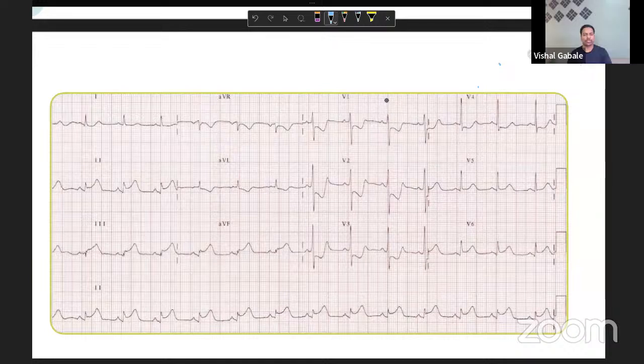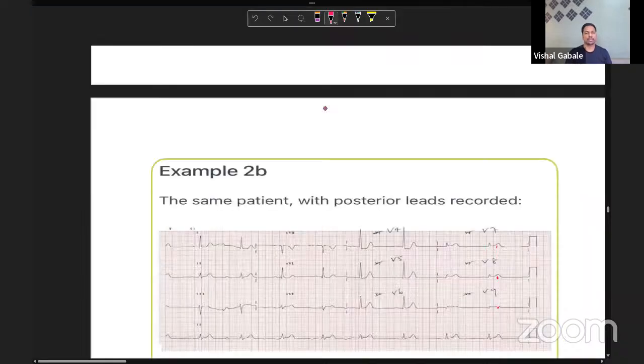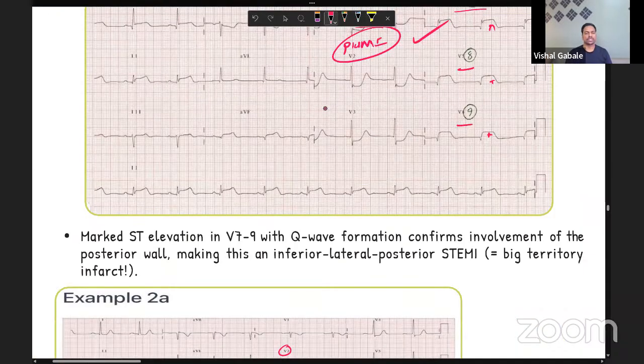Yes, exactly, posterior wall, because you can see this ST depression is kind of horizontal. So this has to be posterior wall, because these are the reciprocal changes. Then can anybody tell me about this ECG? It's also posterior wall.